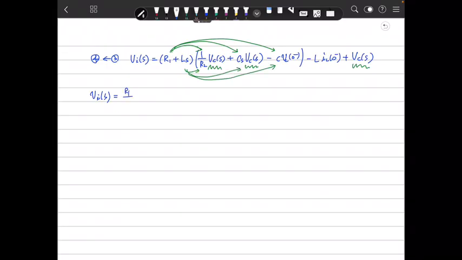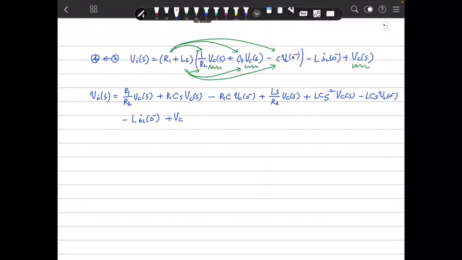So that is R1 over R2 VCS plus R1CS VCS minus R1C VC initial value, plus LS over R2 VCS plus we have C and L, LC and there are two S square VCS minus LCS initial capacitor voltage minus LIL initial value plus VCS.